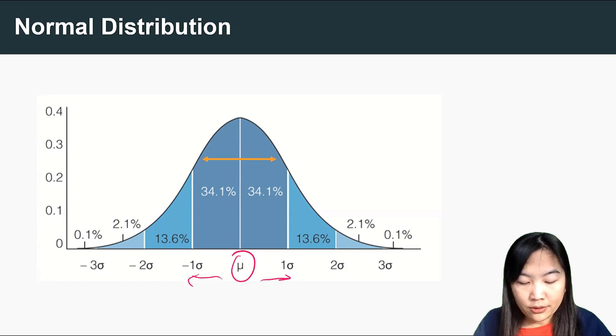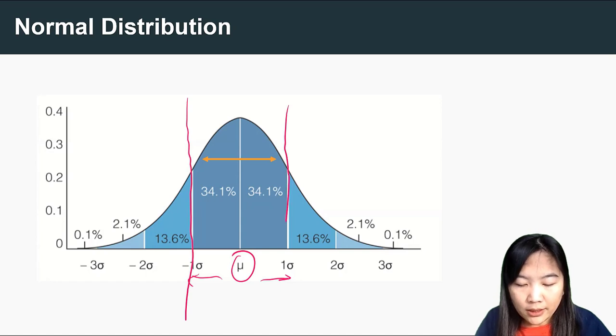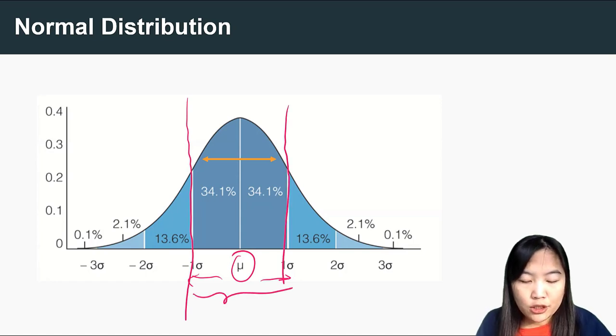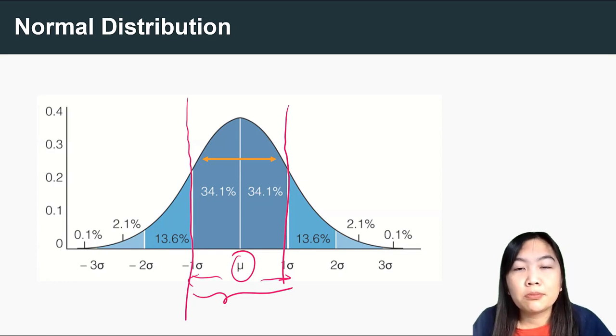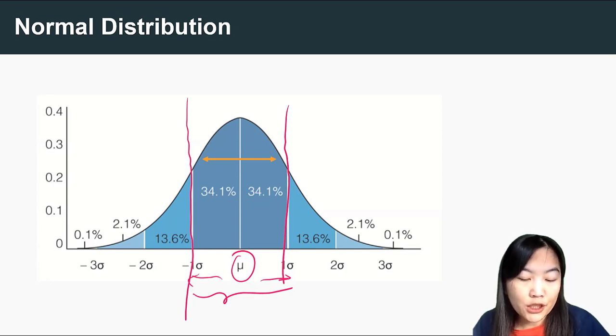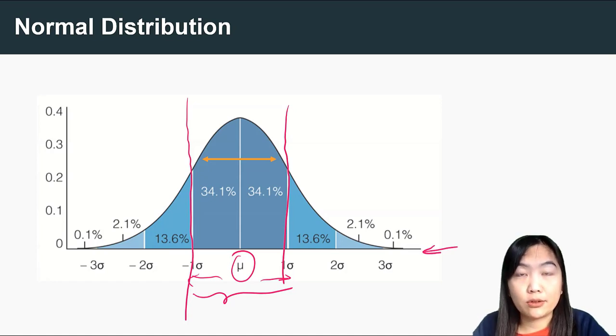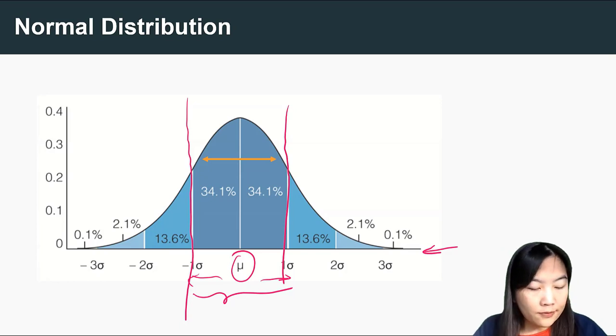And we also explained what that means: within the left and right of 1 sigma, within this range, there's a 68.2% chance that, if on the horizontal axis it's your profit, your profit is located within that range.